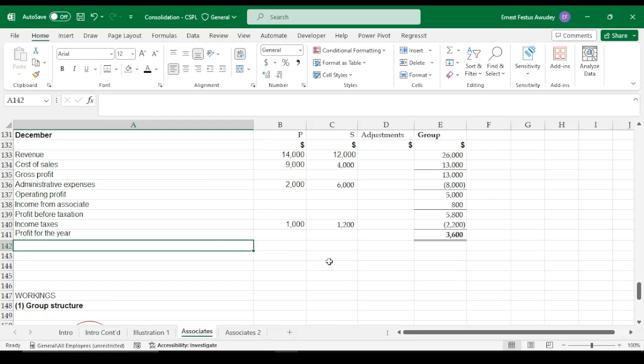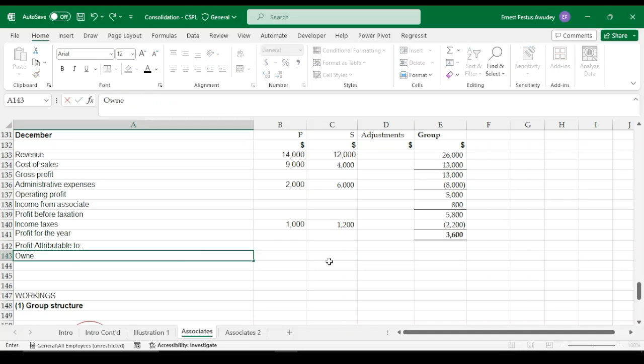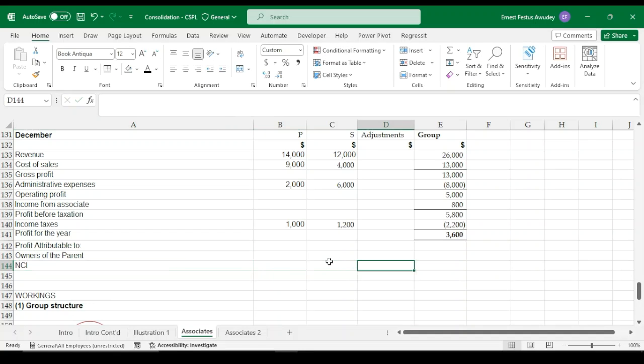So what we have here is profit attributable to owners of the parent, and then NCI.